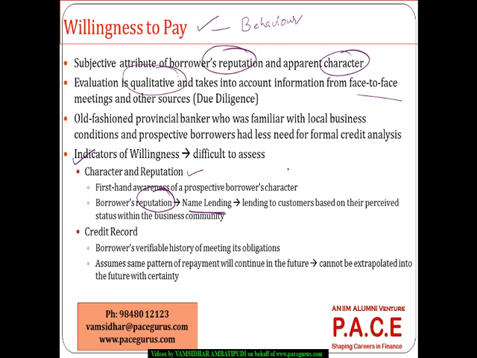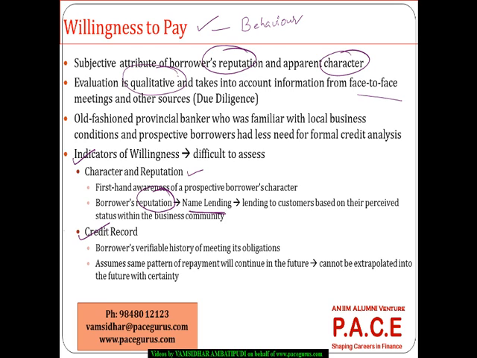So it's reputation-based or name-based lending. That's one way we can look at willingness, because the individual's name and reputation matter a lot.